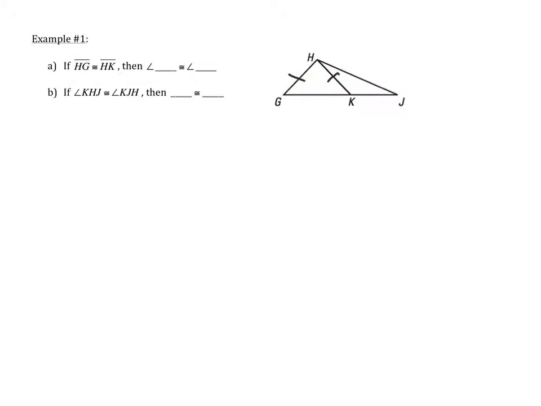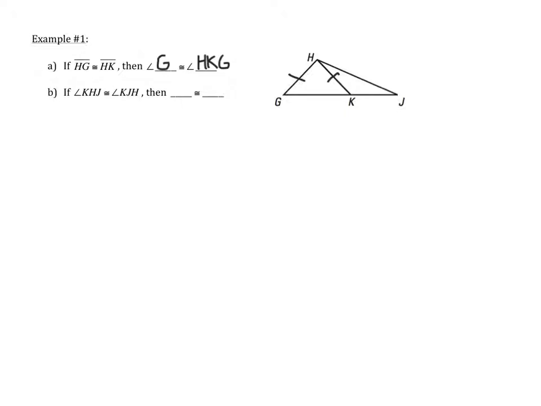So the two angles that are opposite the two congruent sides are congruent. So I can call this angle just angle G since there is only one angle sharing that vertex. But I cannot call this angle just K since there's more than one angle with a vertex of K. So this is going to be HKG. So we use the base angles theorem to solve that one.